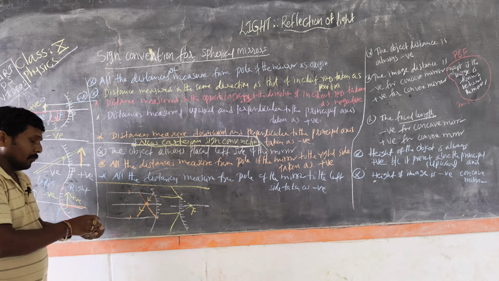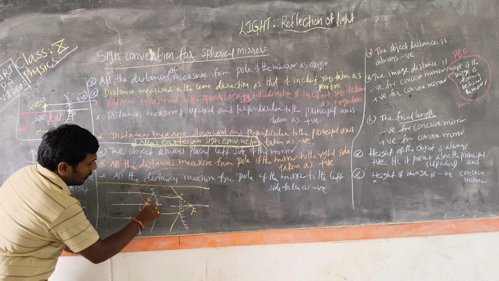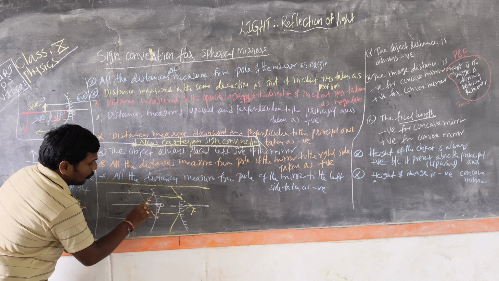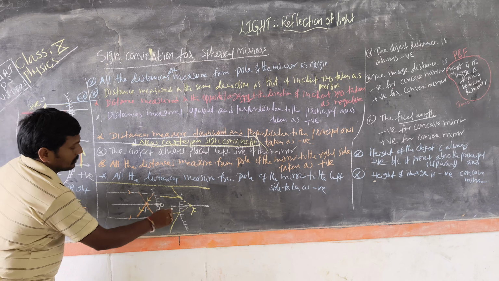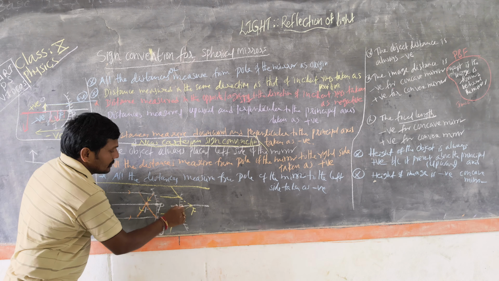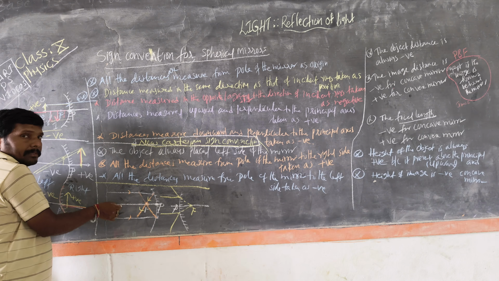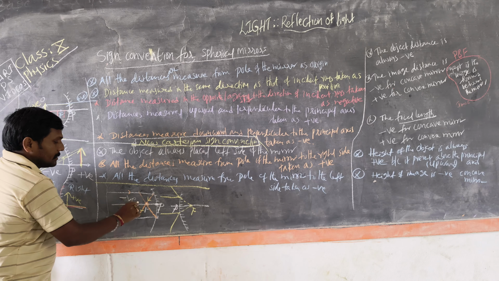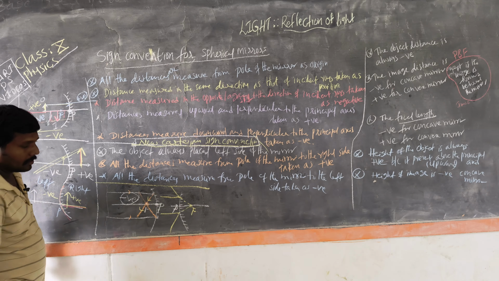So here is the focus. We know the focal length is the length between the pole and the focus. The focal length is on the left side of the pole, that's why it is taken as negative in the case of a concave mirror.